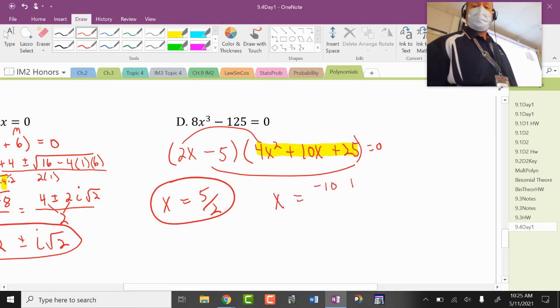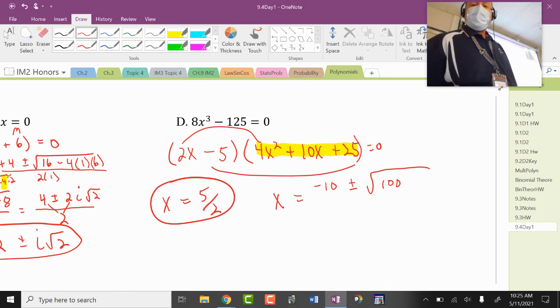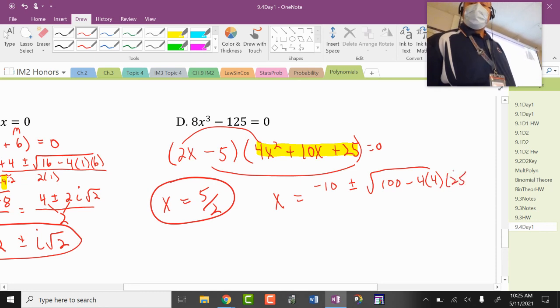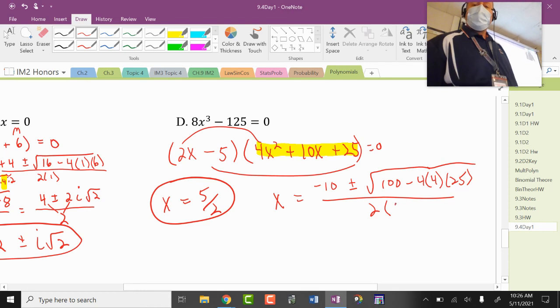Opposite of b plus or minus square root b squared minus 4ac. Oh, I already squared, so 10 squared minus 4ac, all over 2a, which is 2 times 4. X equals negative 10. I'm just going to get down to it.